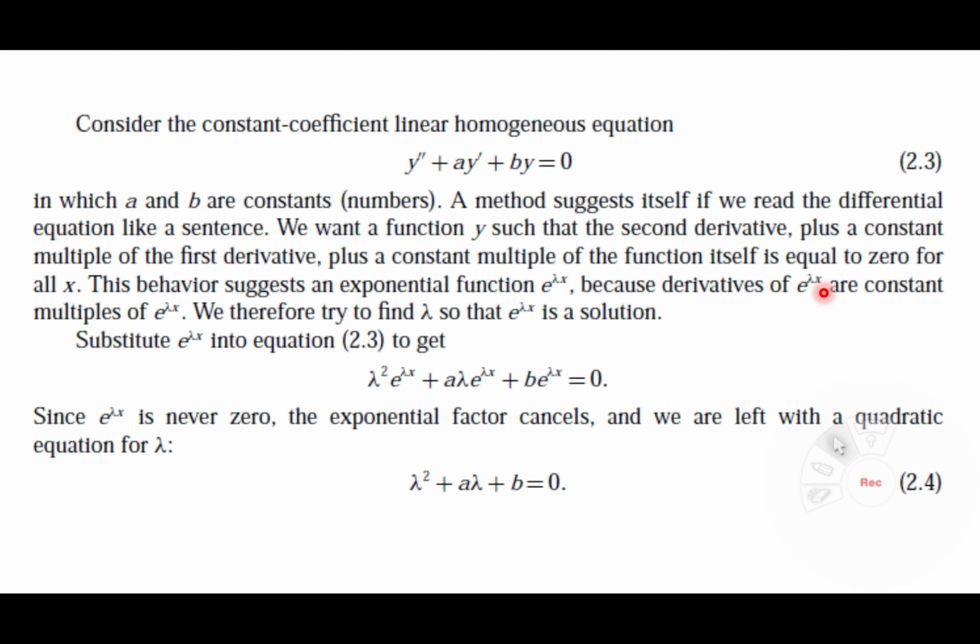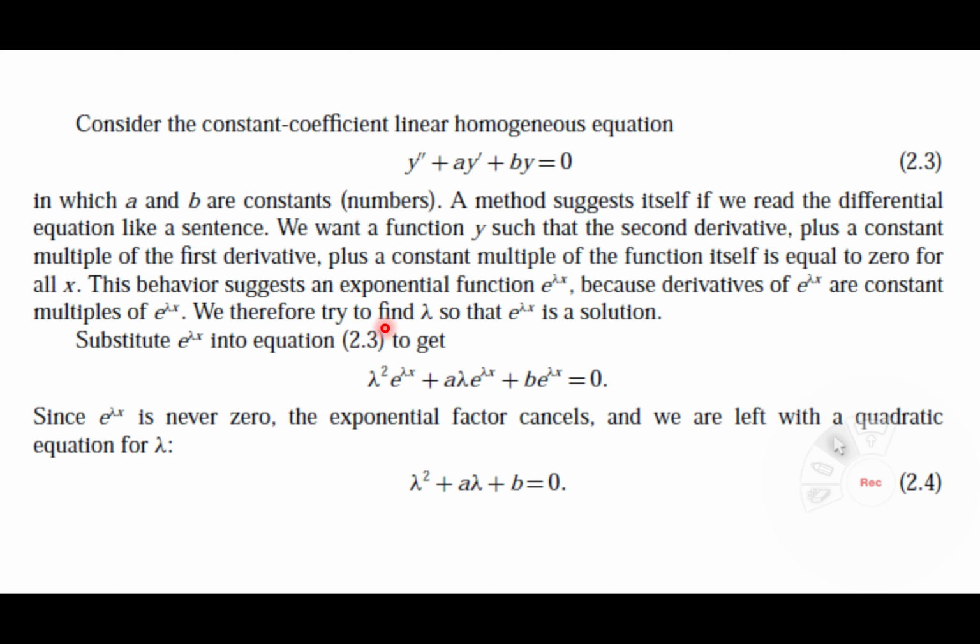the exponential function here, which is e to lambda x, are constant multiples of e to lambda x. Constant multiples of the function itself. This is the main reason for us to use this exponential function and suggest it as a kind of solution for our differential equation.